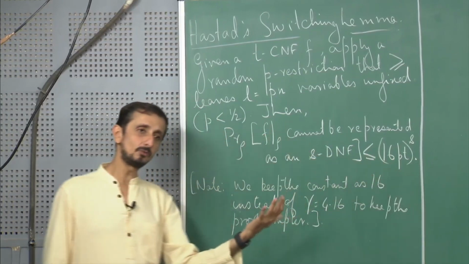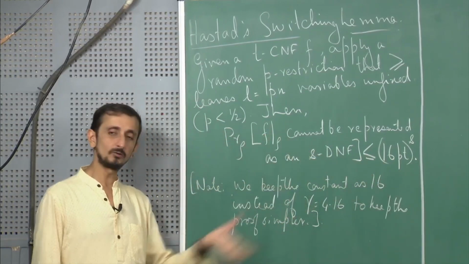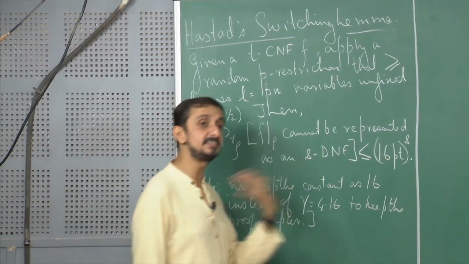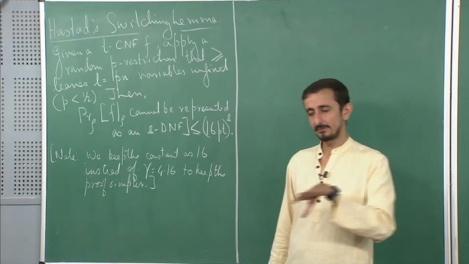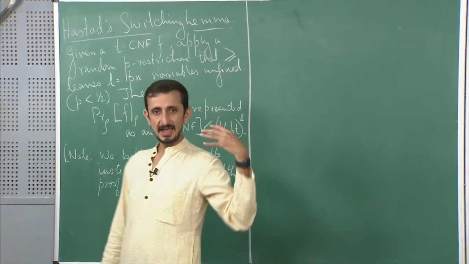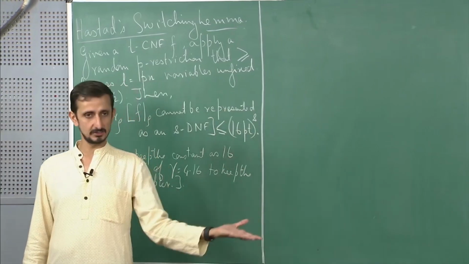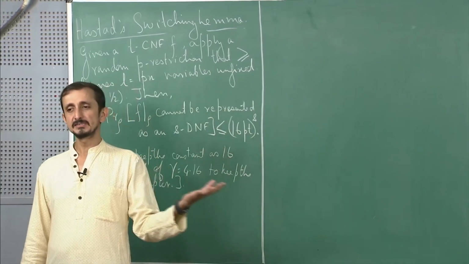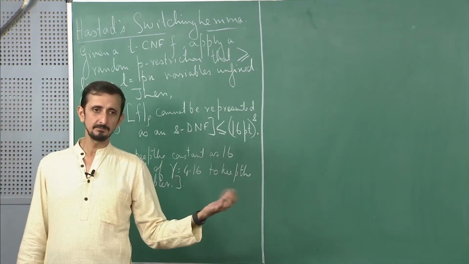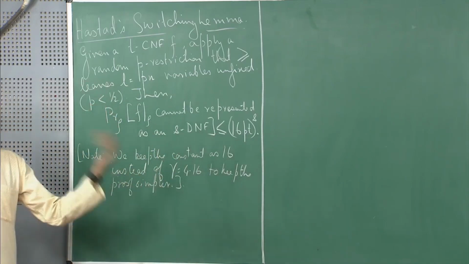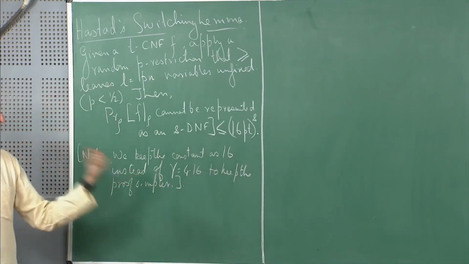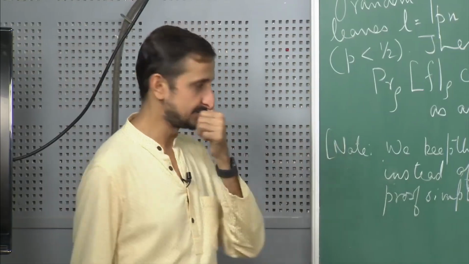The way we will count the number of bad restrictions is by giving an injective function. We will take the set of all bad restrictions and give an injective function to another set which will be easier for us to count. Because it is a one-to-one function, counting the size of the codomain will give us an upper bound on the size of the domain, and that will establish the proof for us.